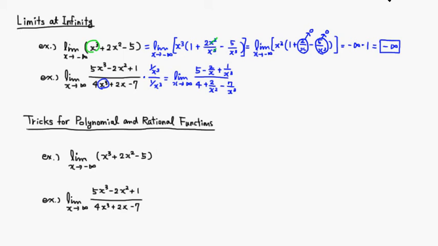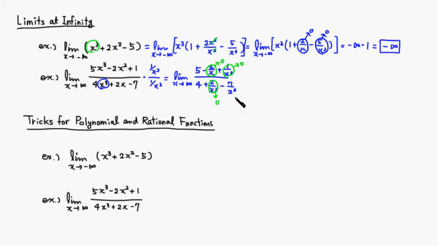Now you can see this is much easier to evaluate. Think of x getting larger and larger. 2 divided by a huge value approaches 0. 1 divided by a big number cubed approaches 0 as well. 2 divided by a big number squared is very close to 0.